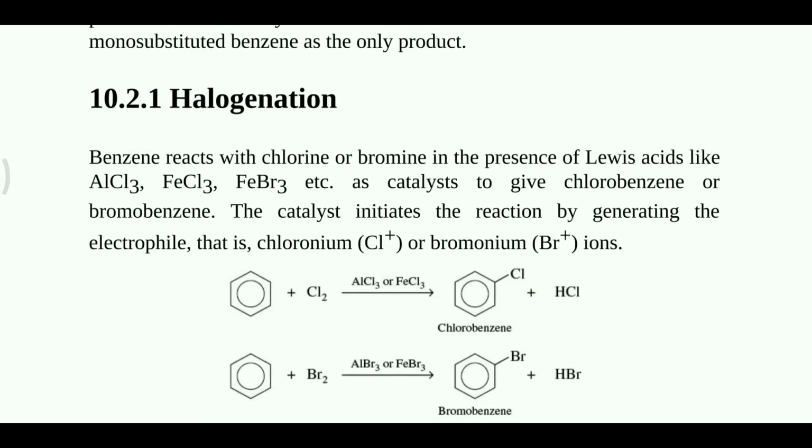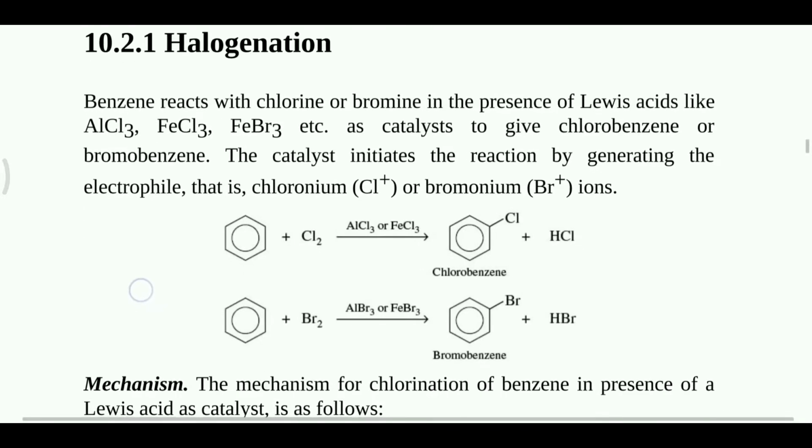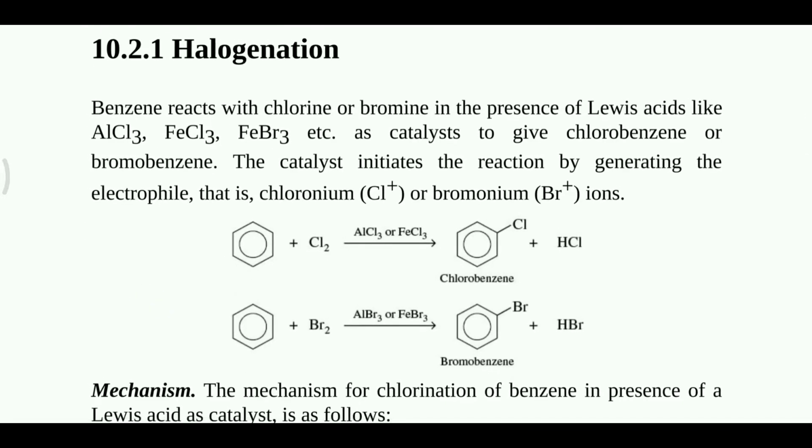Okay, but in the presence of a Lewis acid like AlCl3, FeCl3, FeBr3 as a catalyst. As you can see in this reaction, first benzene is reacted with a chlorine Cl2 molecule in the presence of a Lewis acid like AlCl3 or FeCl3.